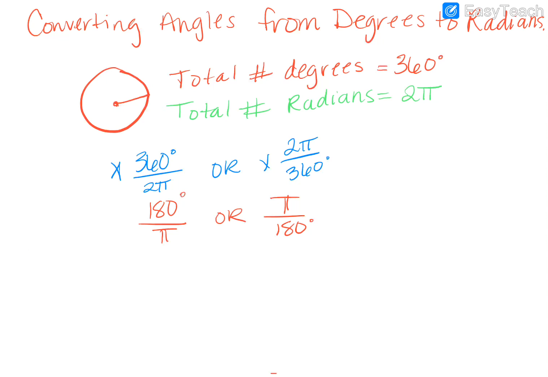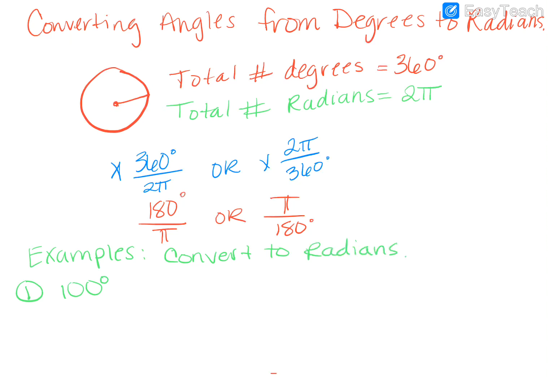Here are some examples. What if I had 100 degrees and I wanted to convert it to radians? So to do that, I'm going to write out my question. Convert to radians. In order to do that, you would multiply by what you want on top. And if you want radians, you're going to put pi on top.